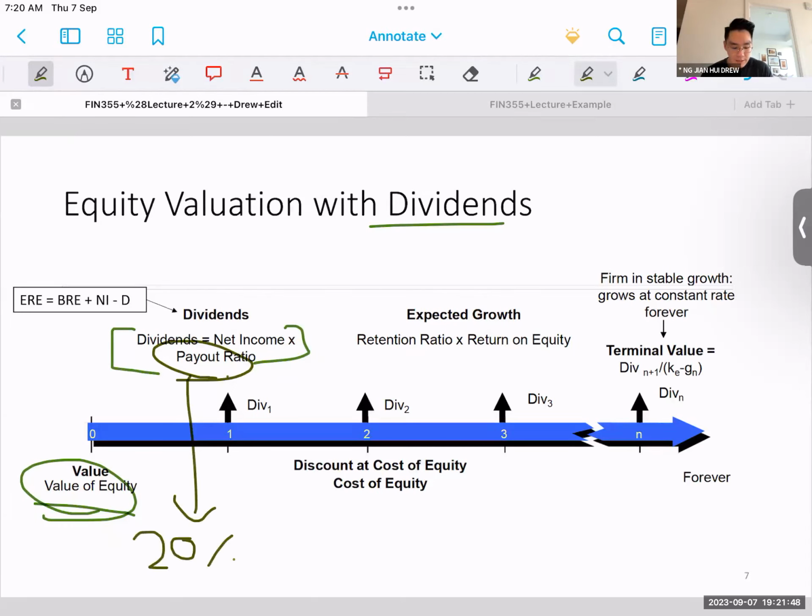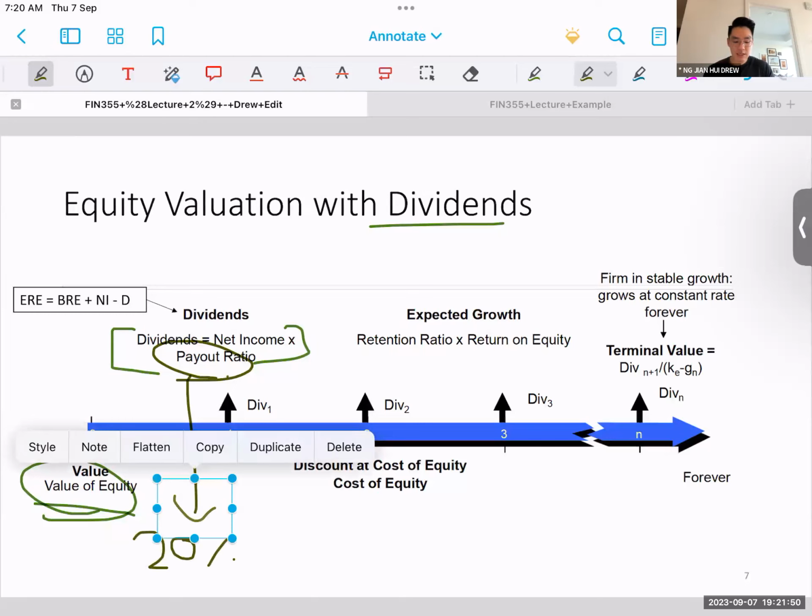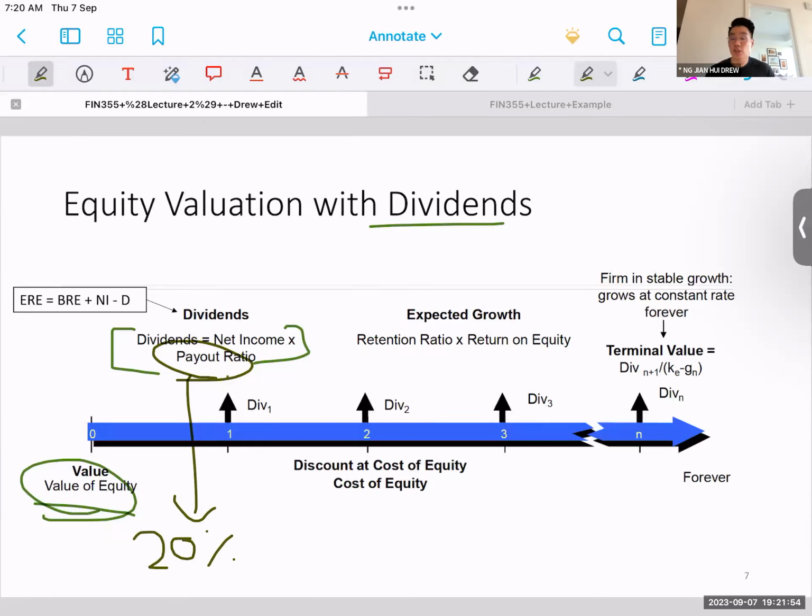Then you simply take 20% times your net income. So you know that every time the company will pay out 20% of its net income. That's the amount of dividends being paid. That's pretty easy. But I want to remind you that there is also the retained earnings formula.